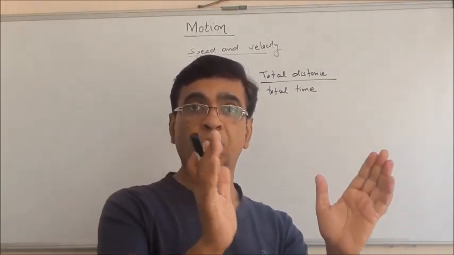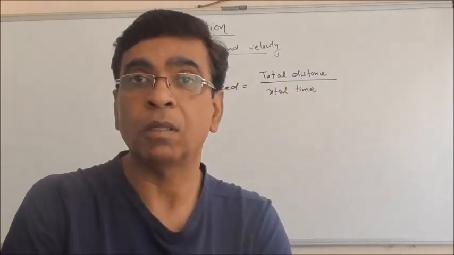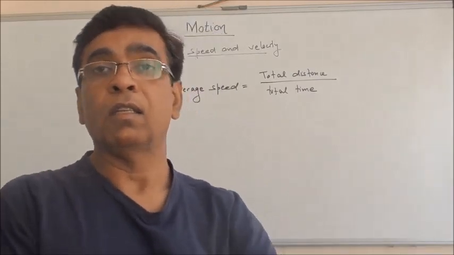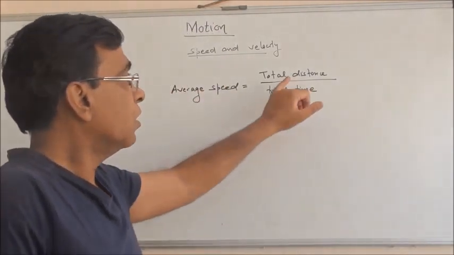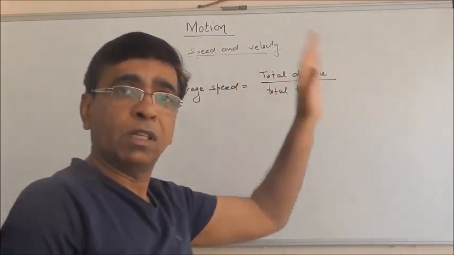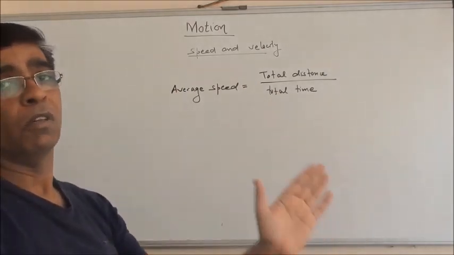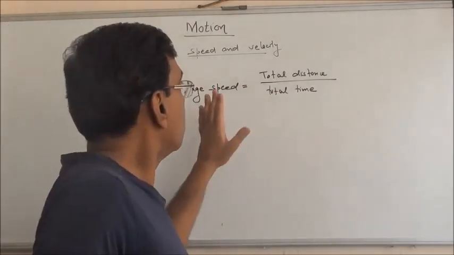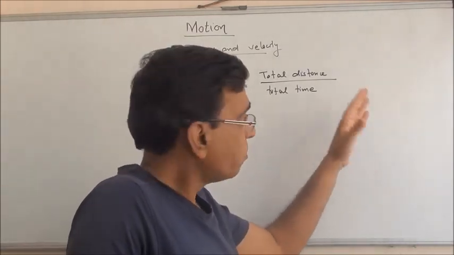Suppose you cover a distance of 1 kilometer with a speed of 20 km per hour, another 1 kilometer with 30 km per hour, and then another 1 kilometer with 50 kilometers per hour. You will take just the total distance, 1 plus 1 plus 1, and the same way you will take the total time taken to cover these distances. This will give you the average speed, unit meter per second.